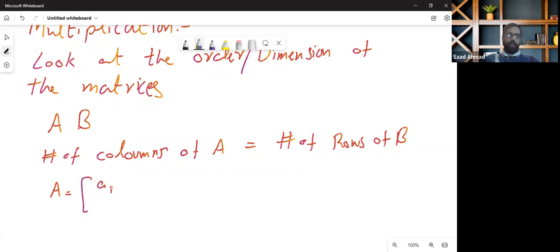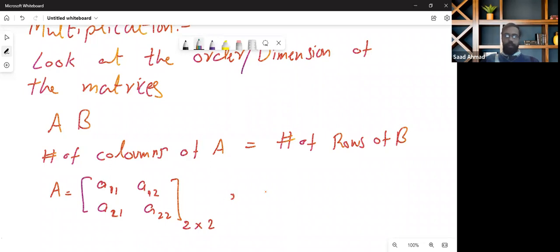This is A11, first row, first column. A12, the first row, second column. A21. And then A22. The A22 represents second row, second column, and the order of this matrix is 2 cross 2.